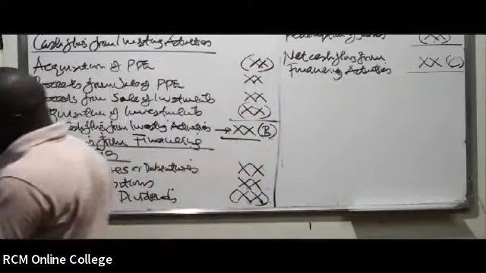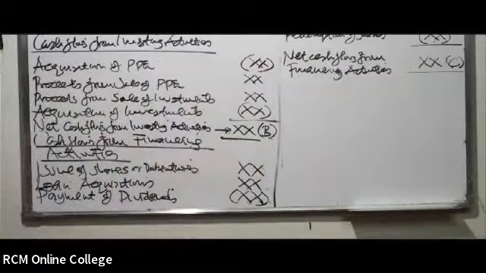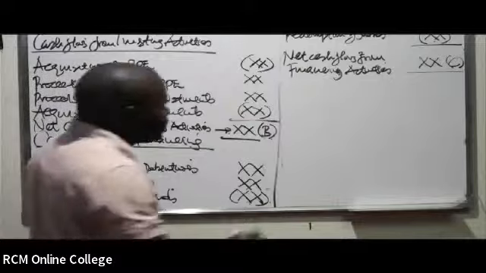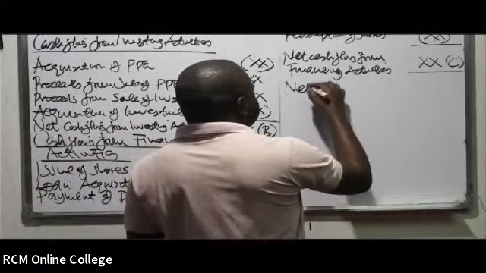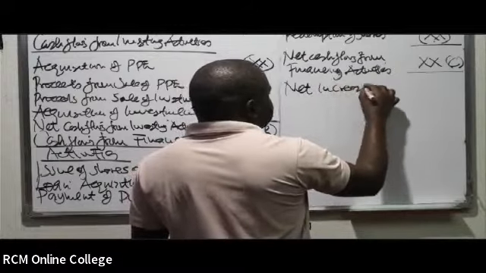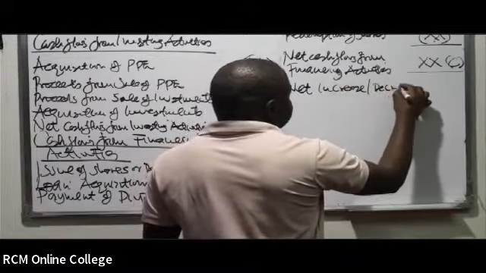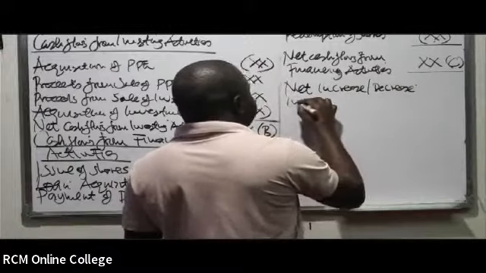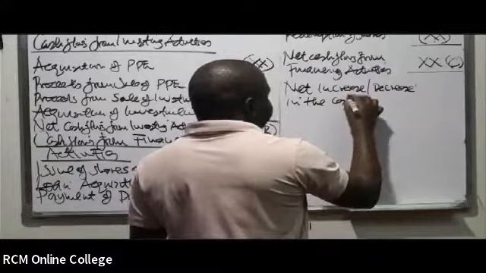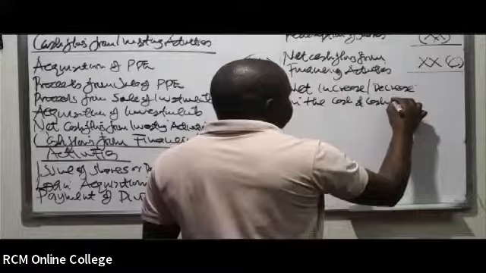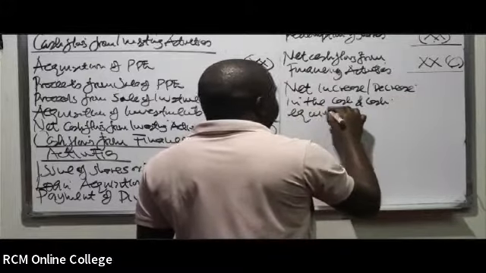Then once you have all those figures for the three parts, you now get the net increase or decrease in cash and cash equivalents.